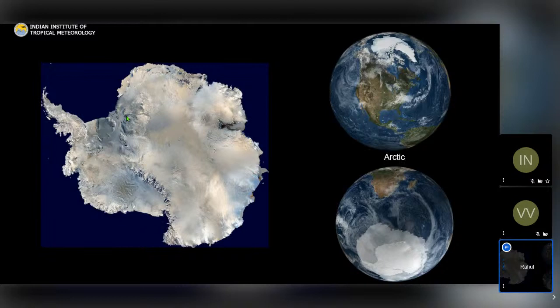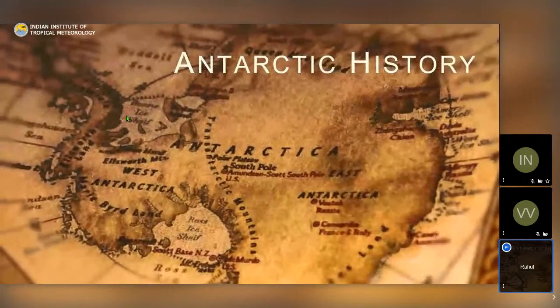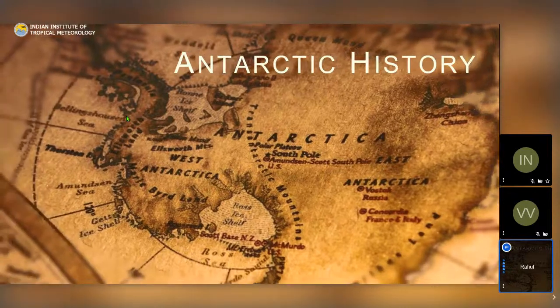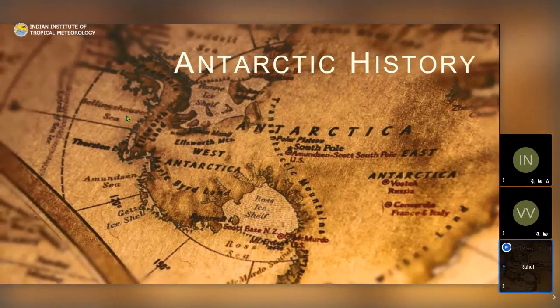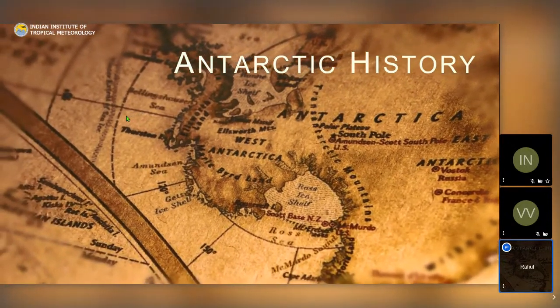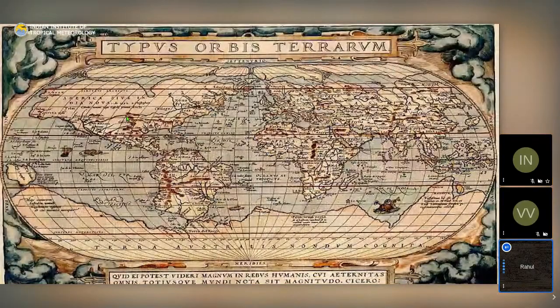But before I tell you how cold Antarctica is, how windy it is, and how Antarctica is today, let's also understand the Antarctic history. Antarctic history is very rich and a very big one. There are volumes written on this, but I'll take a few minutes of your time to brief you on the legacy of Antarctica. So the Greeks, and this is one of the early maps, probably done by the Greeks in 350 BC.